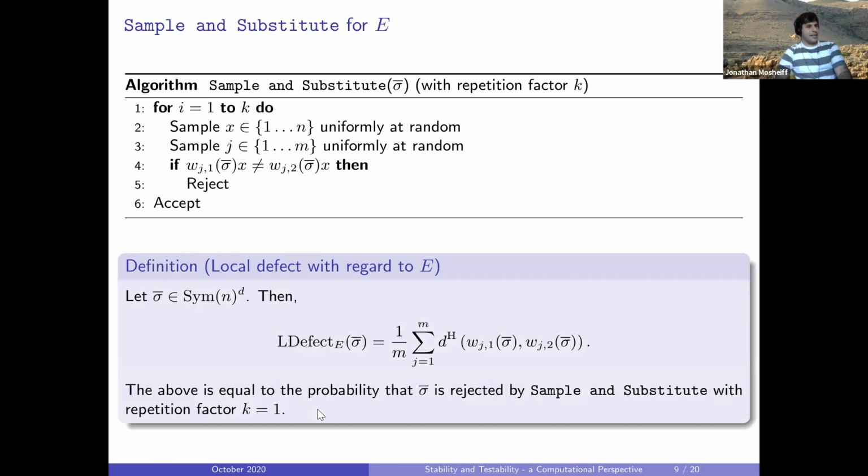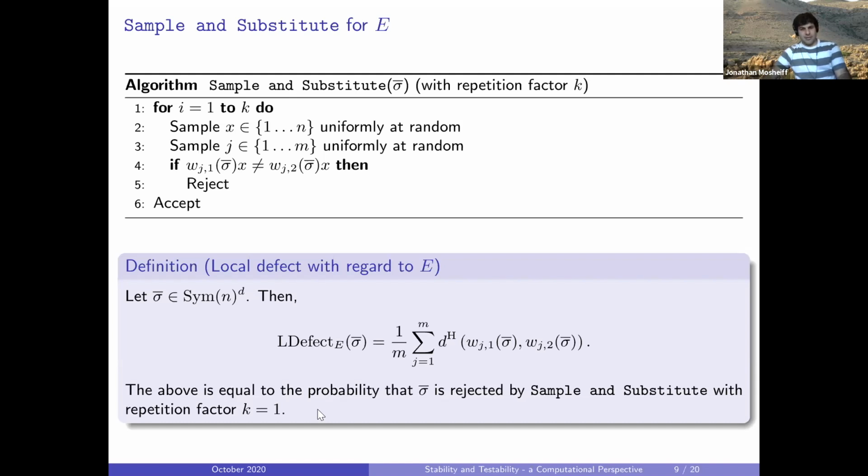This is the average over all the equations of the normalized number of violations of this specific equation. The important thing to notice here is that again, the rejection probability of one iteration of sample and substitute is exactly equal to the local defect.